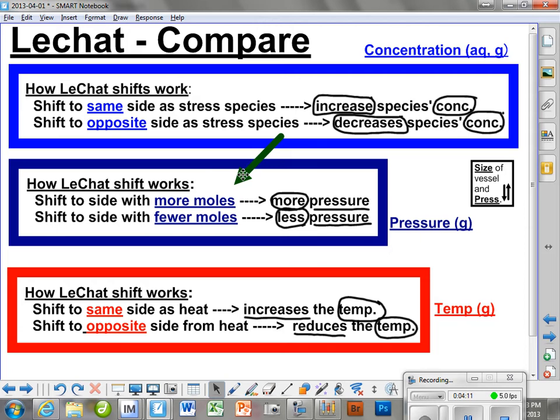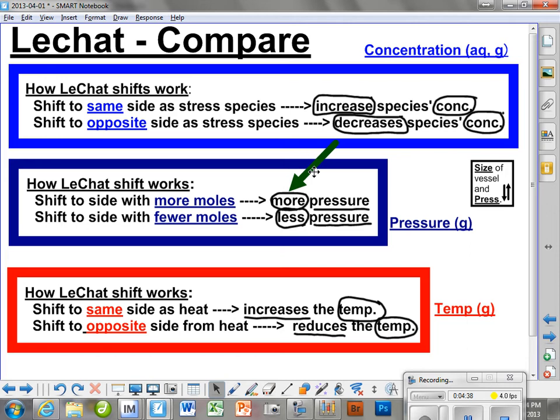That's the number that we use for balancing an equation. If there is no coefficient, the number is 1. And for this little exercise, anything that has a state that is solid does not have any effect on equilibria, so we don't count those when we're counting the moles.